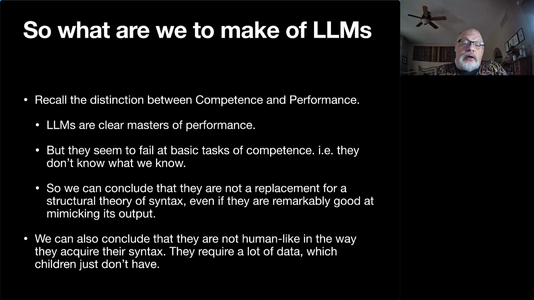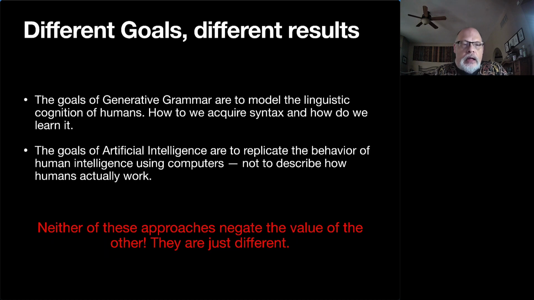We can also conclude that they are not human-like in the way they acquire their syntax. They require lots and lots and lots of data, which children don't have. So while LLMs differ in these two regards from generative grammar, if we're thinking about humans, that's exactly the problem.